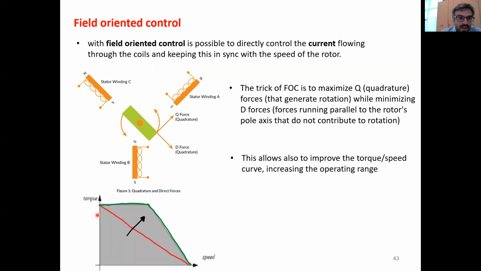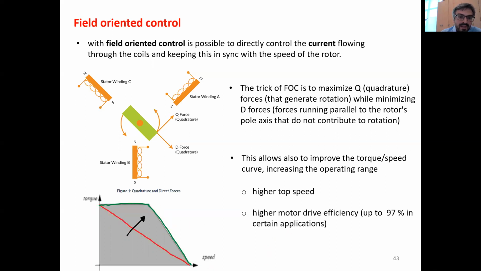And this allows us to shape and improve the torque-speed characteristic of our DC motor, increasing the operating area. This is very nice because it allows us to achieve higher speed with higher torque and also higher motor drive efficiency, up to 97% in certain applications.